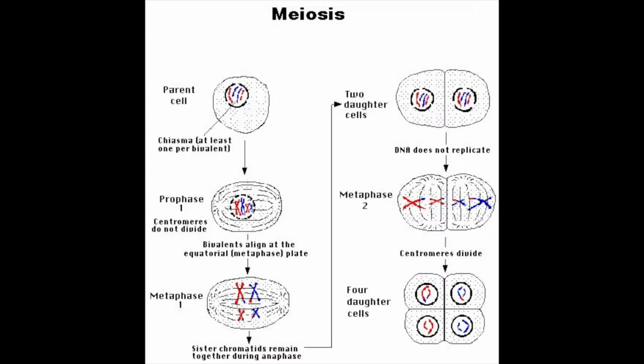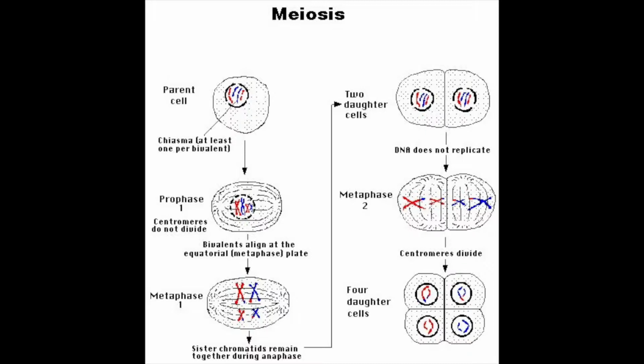The nuclear envelope and nucleoli disappear, and the spindle starts to form. The big difference is what is going on with the chromosomes themselves. As DNA condensation proceeds and the chromosomes first become visible, they are visible as tetrads, so tetrads become visible during prophase. Metaphase 1. Tetrads line up at the equator.